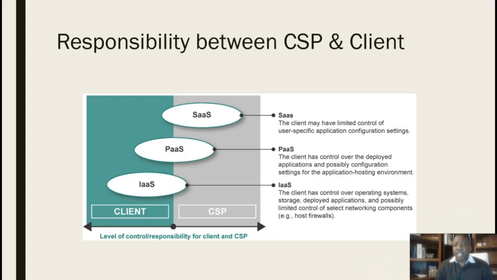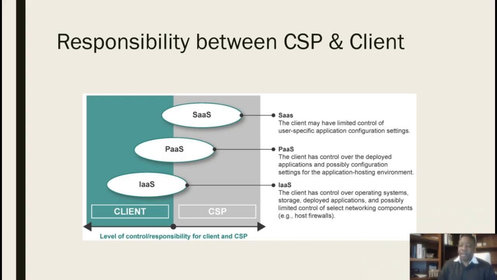So this is a nice little chart I got from the PCI documentation, SaaS, PaaS, and IaaS. I'm trying to make it a little interesting for you, right? As you can see in this slide, SaaS has the responsibility primarily on the cloud, the cloud service provider has the most responsibility.